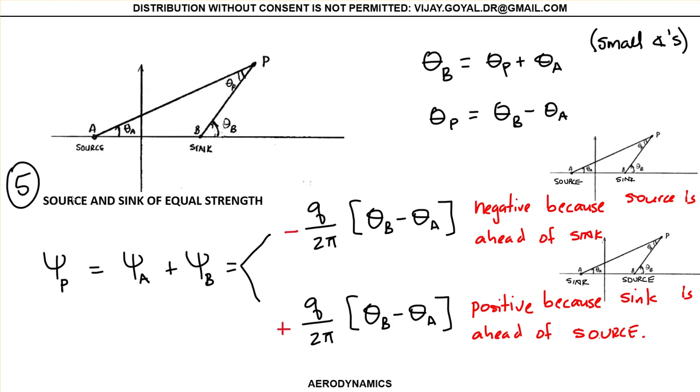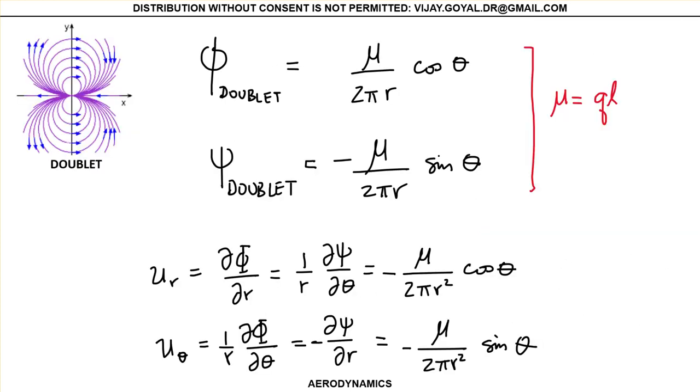Then your stream function using this equation is given by this equation right here, where this minus sign means that your source goes ahead of the sink, as you can see here. But if there's a plus sign, it means that the sink is ahead of the source, so it's inverted. That's how you have the plus or minuses.